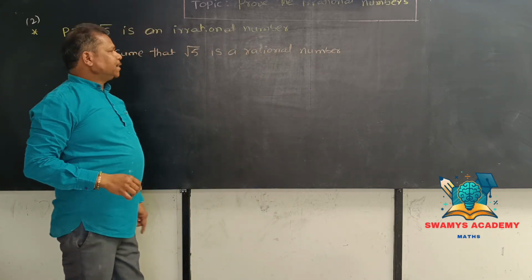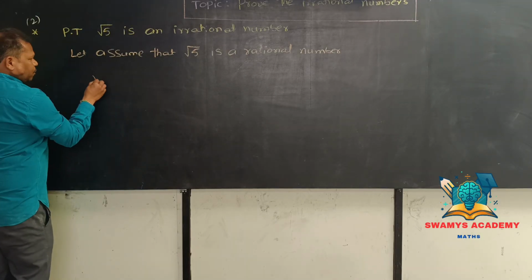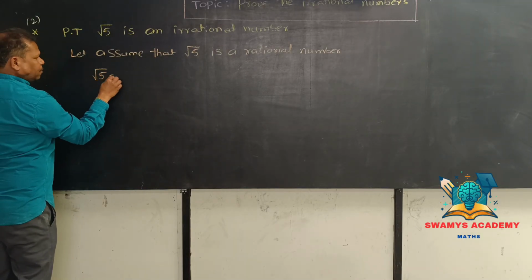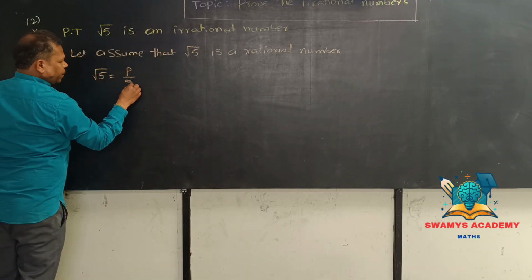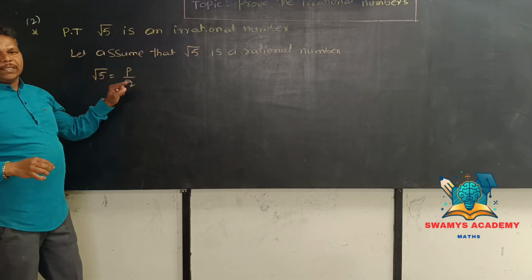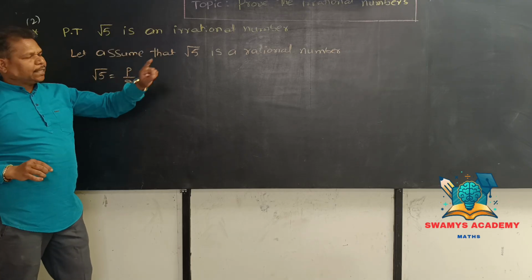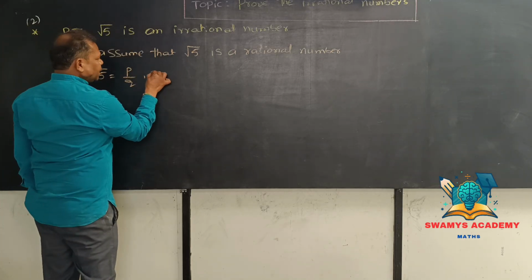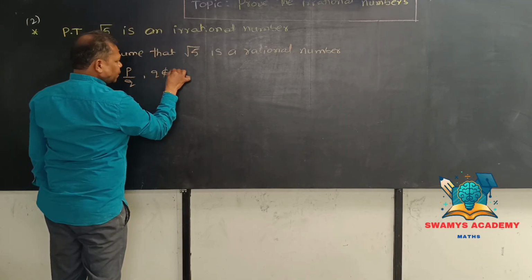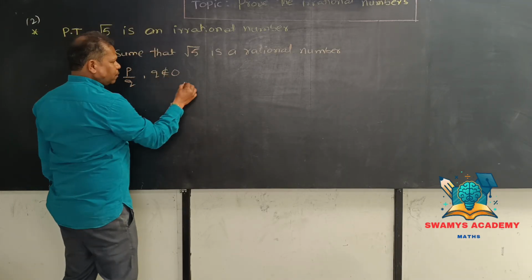So square root of 5 can be expressed in the form of p by q, as a rational number, and q is not equal to 0.